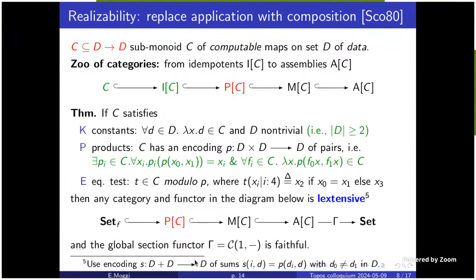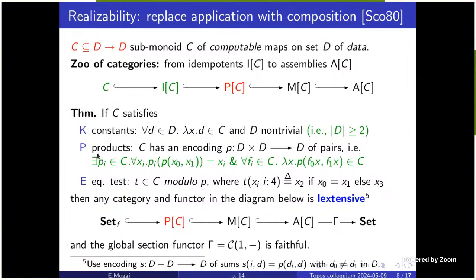Of course, all these categories, if I take just some monoid C, don't have very interesting properties. However, if I assume that C satisfies some additional properties, in particular these three properties, namely, all constant functions are in C, and I also require that there are at least two elements in my set of data.